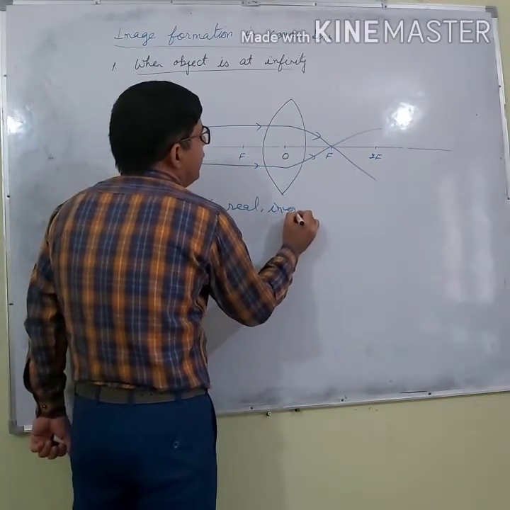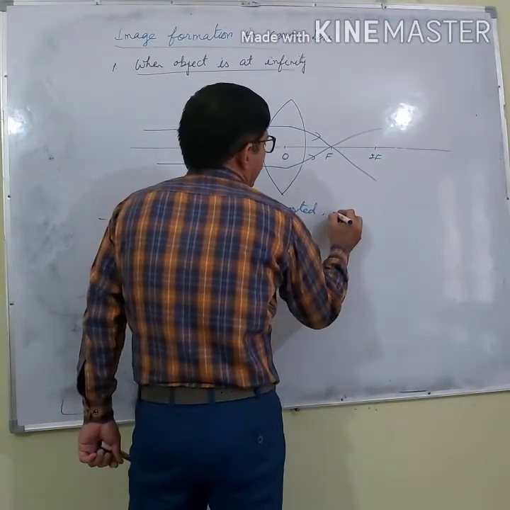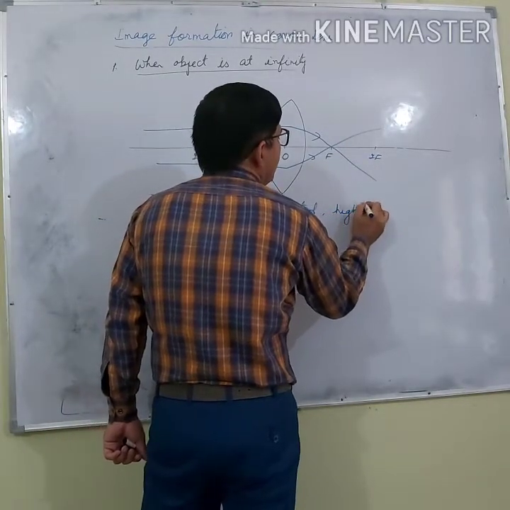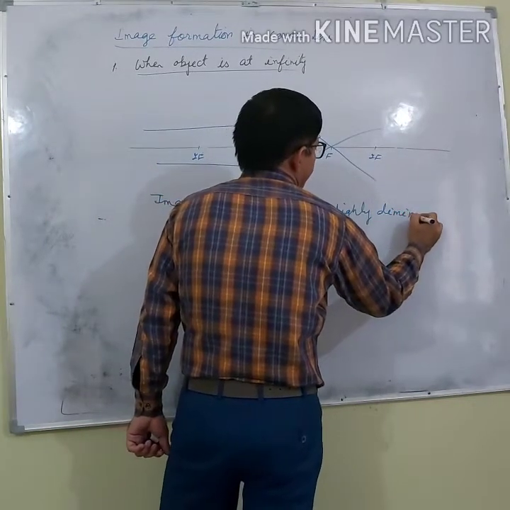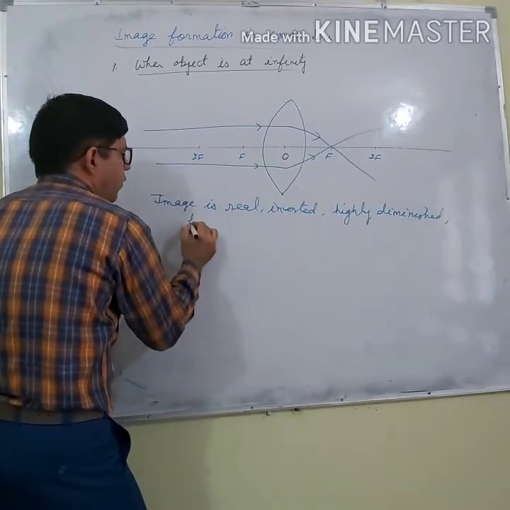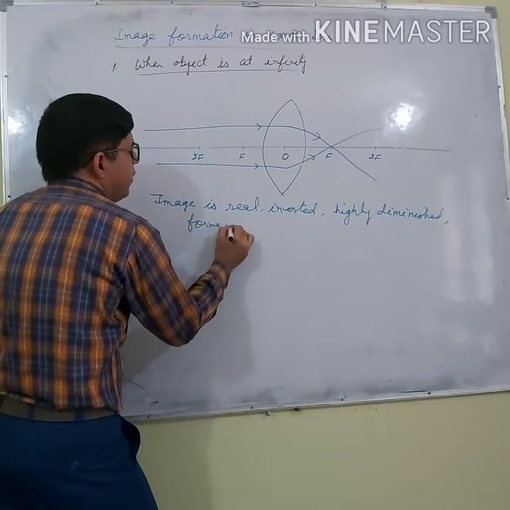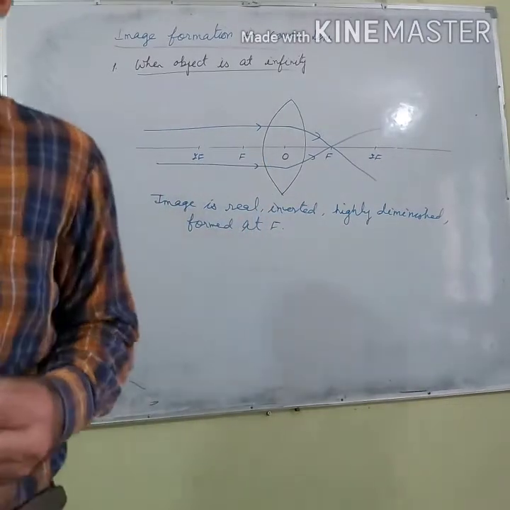Why real? Because rays are meeting in actual practice. Highly diminished, very very small, and formed at focus, right?